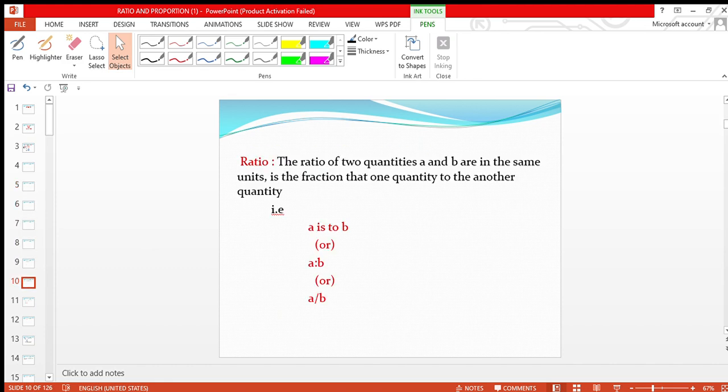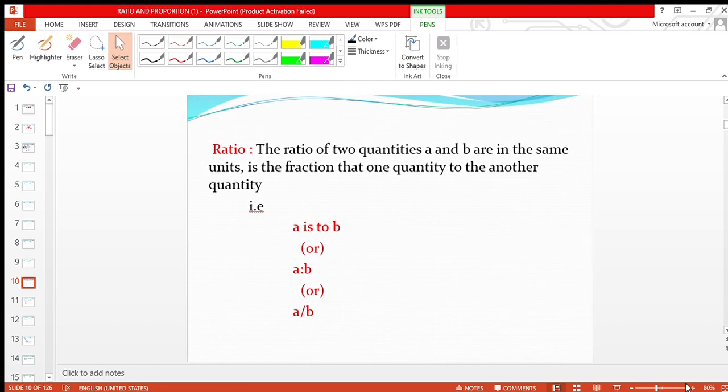First point, ratio. The ratio of two quantities A and B, A and B are in the same units, is the fraction that one quantity is to the other quantity.